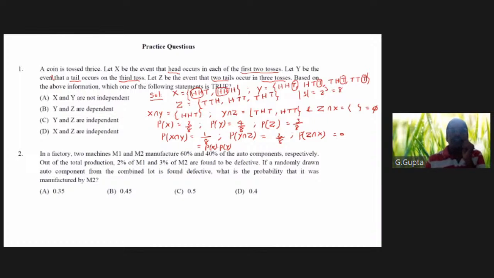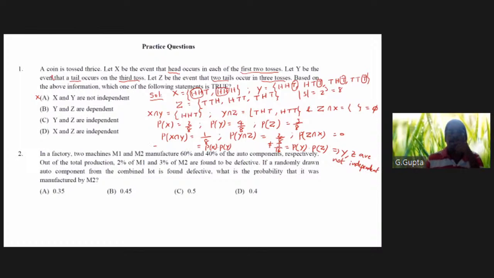So he is asking which of the following statements is true. This is wrong in the given. Now, what is P of Y? 4 by 8. P of Z, 3 by 8. So you will be getting 3 by 16, which is not equal to P of Y into P of Z. That means probability of Y intersection Z is not equal to P of Y into P of Z, which implies Y, Z are not independent.